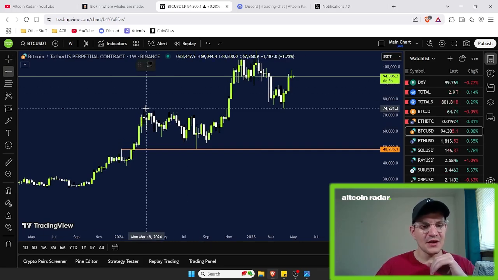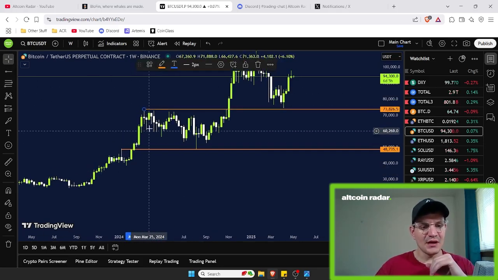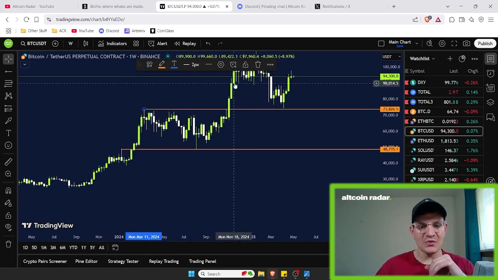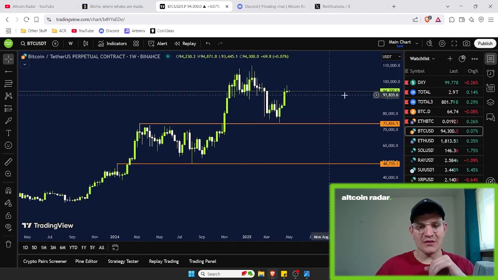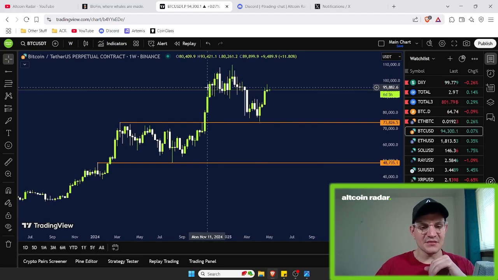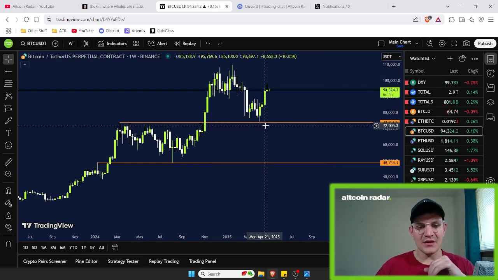The same thing can be said right in here too. This high that we created in this big upward swing would be a resistance level when we were back here. But once we cross above it, like we did right up here, then it's considered a support level. Because it's a support level, as you can clearly see, we went up and then we came down, and we hit almost exactly that level right there.